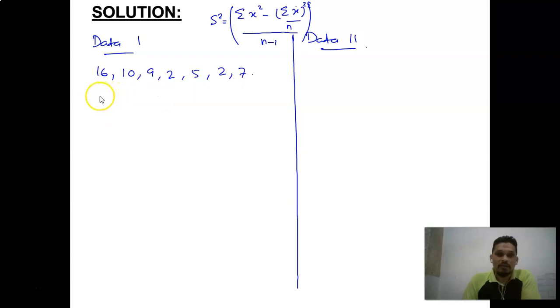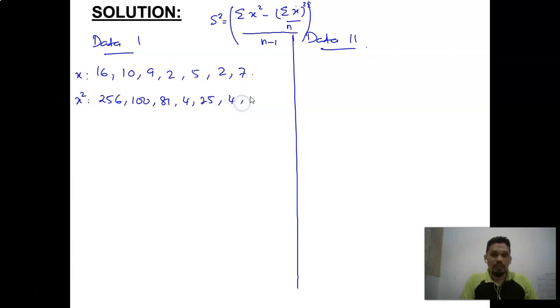So for the summation of x squared, this is an x, so x squared: 16 squared equals 256, 10 squared equals 100, 9 squared is 81, 2 squared equals 4, 5 squared 25, 2 squared equals 4, and 7 squared 49.